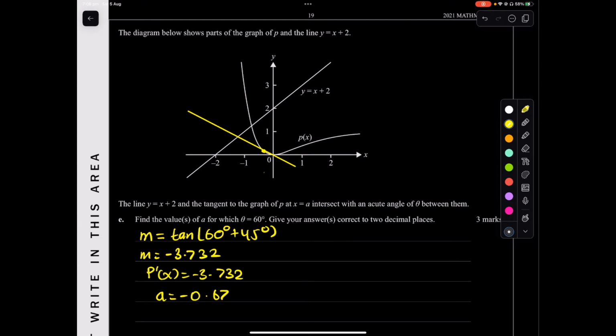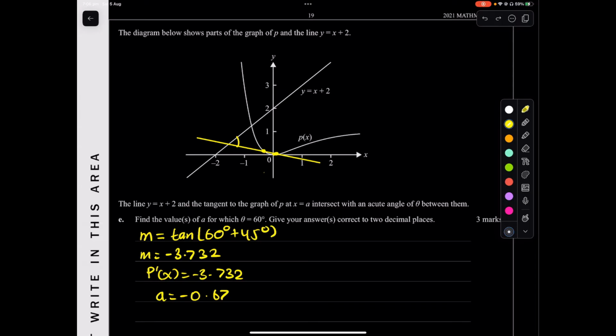Maybe over here. Sorry, this is such a long question. Okay, this looks nice. If it was over here, this looks like a good theta.